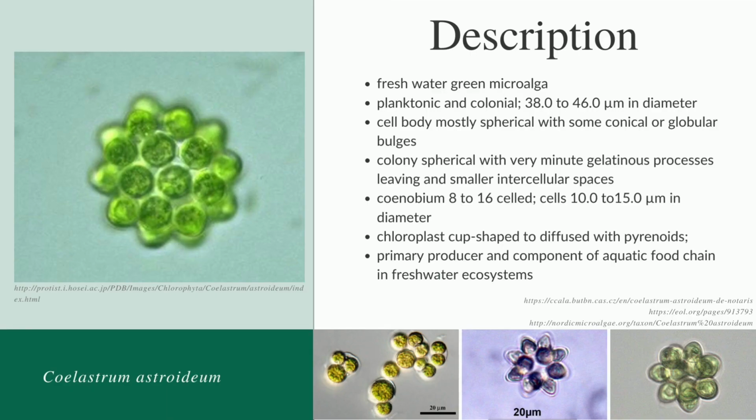Astroideum appears green and colonial and has a size ranging from 38 to 46 microns in diameter. Its cell body appears mostly spherical with some conical or globular bulges. Its coenobium has 8 to 16 cells, and each cell is 10 to 15 microns in diameter. These microalgae are primarily producers and a component of the aquatic food chain in freshwater ecosystems.